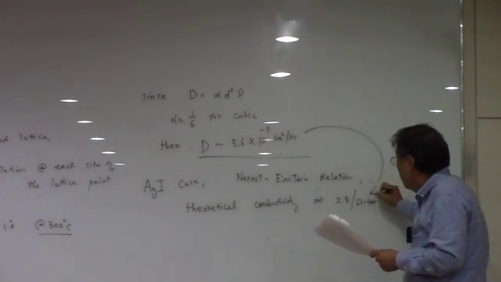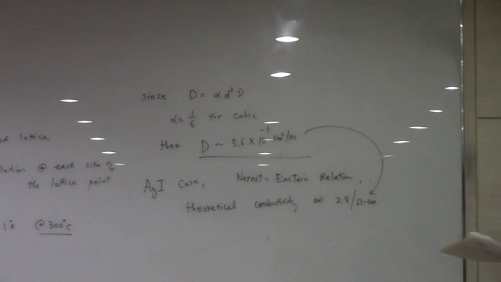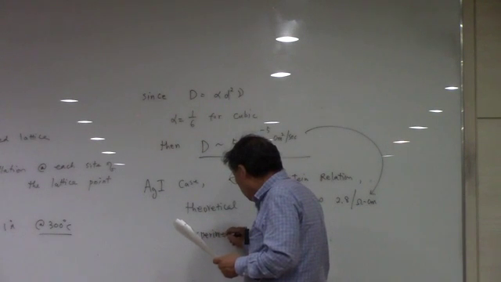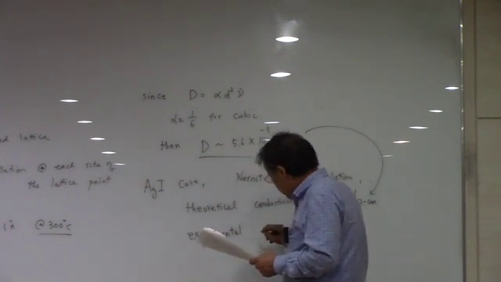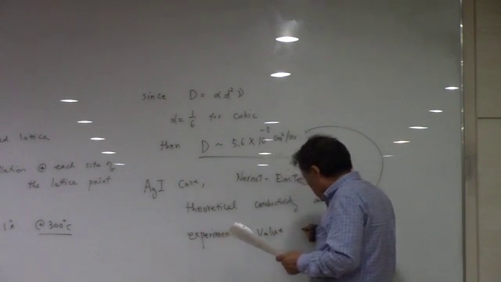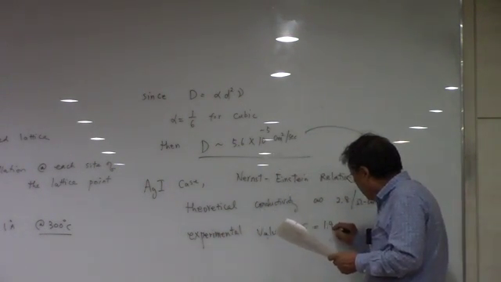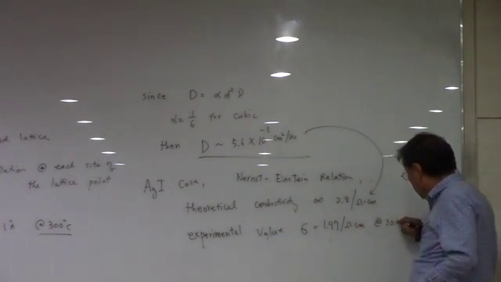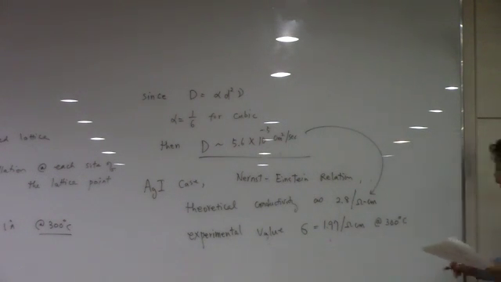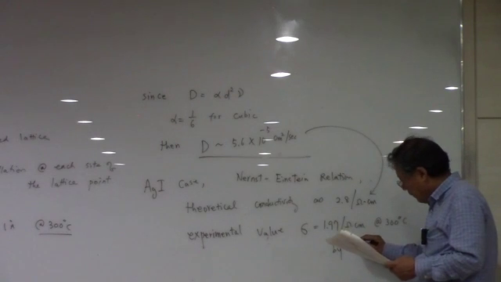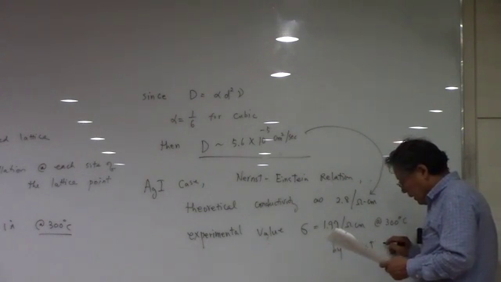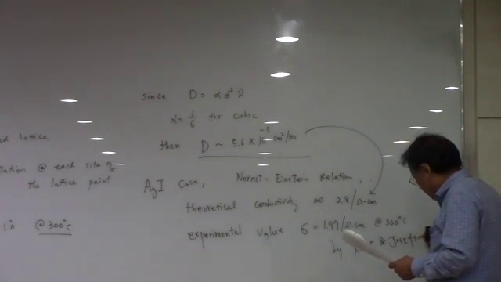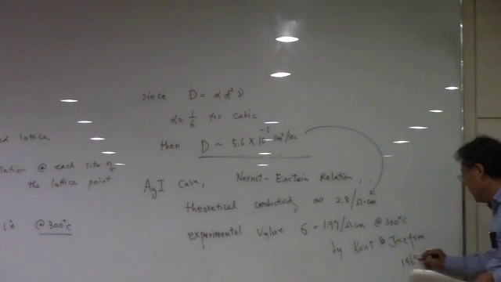And the experimental value of the conductivity is 1.97 per ohm centimeter at 300 degrees centigrade, which was measured by Vist and Josephson in 1969.